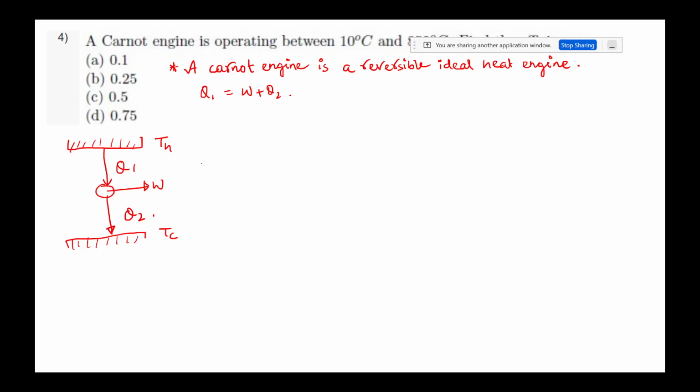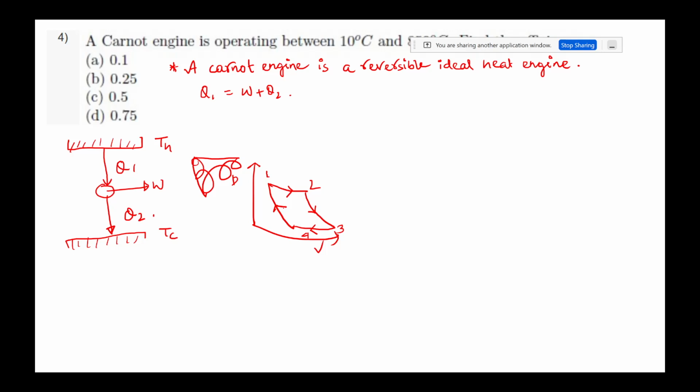It follows a cycle, so let me draw this. This is P, let's say 1, 2, 3, 4. This is isothermal expansion, this is adiabatic expansion, this is isothermal compression, this is adiabatic compression.